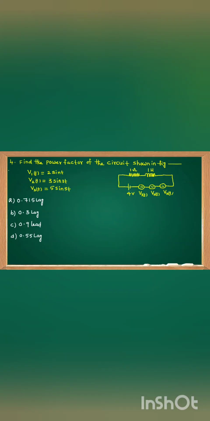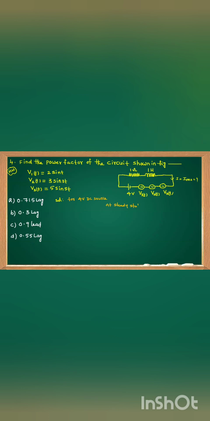Okay, this I'm leaving for you as homework for practice. Find the power factor of the circuit shown in the figure. Apply the same method. Find the current. Just an idea of how to solve: first, for the 4 volts DC source, at steady state, the given element is an inductor, not a capacitor.